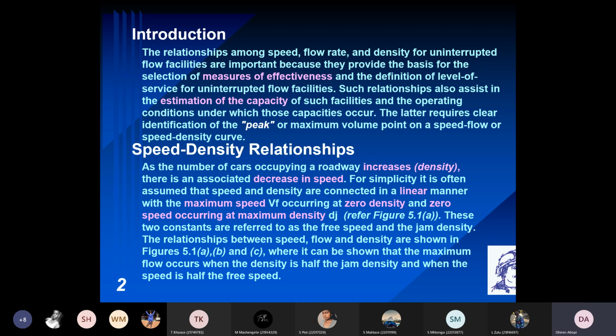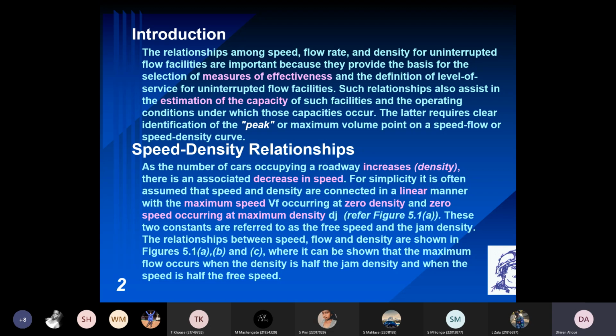They're quite important, and the basis of measuring effectiveness, also level of service. It helps you in estimating capacity of your roadway, your facilities. So it's quite important having some understanding amongst these elements and how they are related.